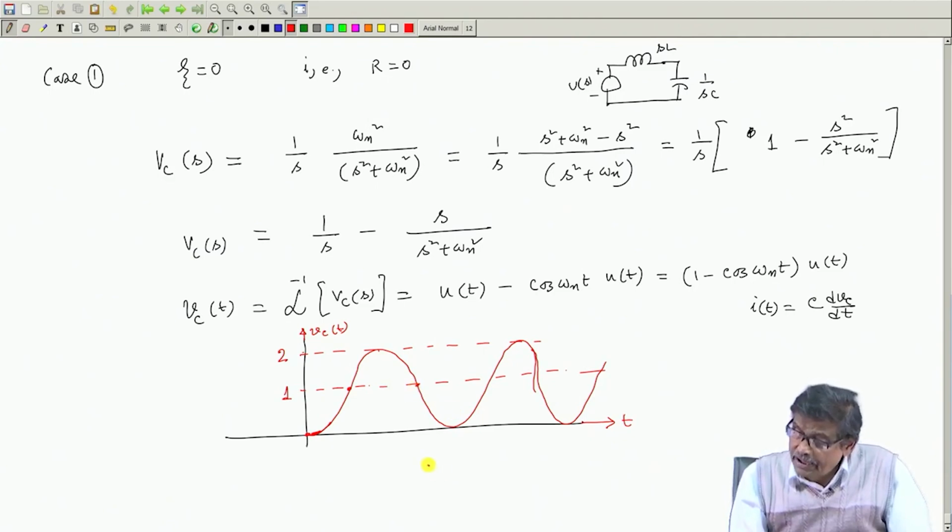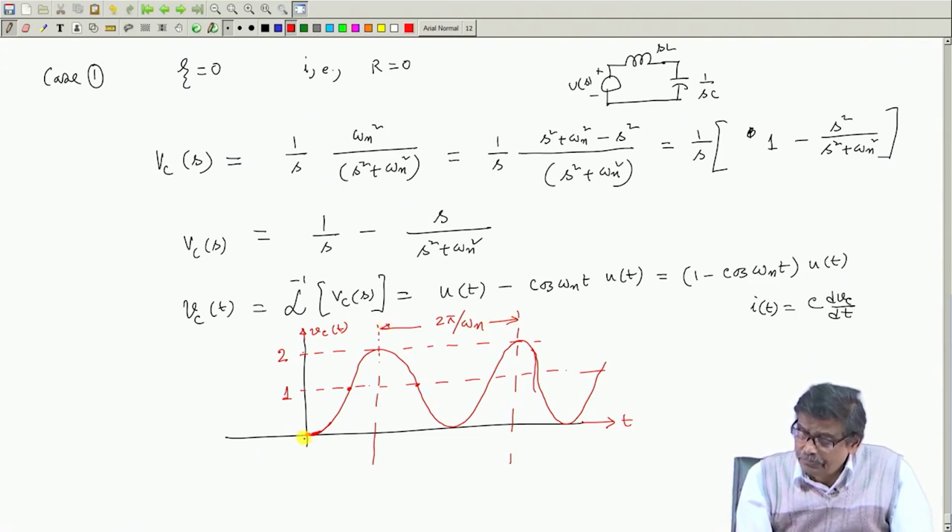So, what is omega n? This is the time period. So, peak to peak positive, this will be 2 pi by omega n, or negative to negative 2 pi by omega n, that is the time period of this waveform.